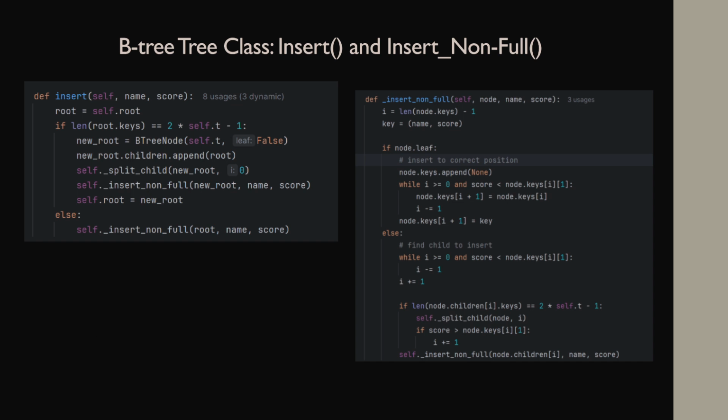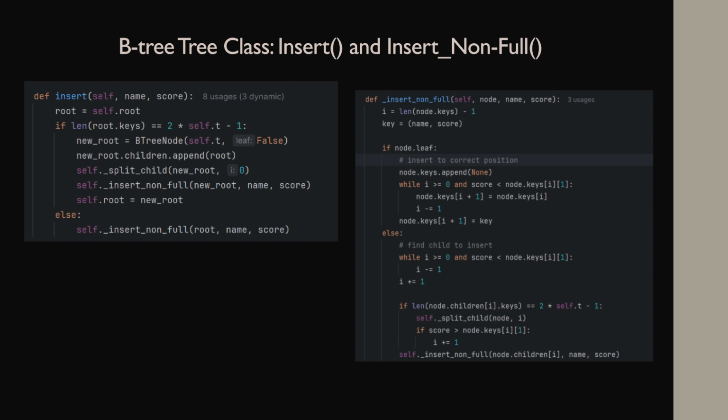We start off by creating a reference to the current root node, and that is helpful in case we need to replace the root once it becomes full. Then we check if the length of root keys is equal to 2t minus 1. If that is true, then we must split the node before inserting another key, or else the tree would not be balanced. So if the root is full, we create a new root and set leaf to false because it is no longer a leaf, and the old root would be the child.